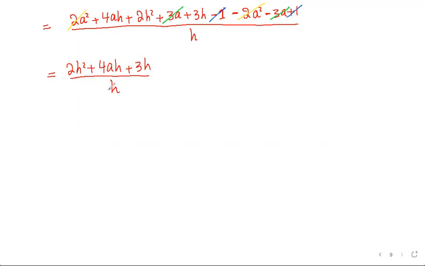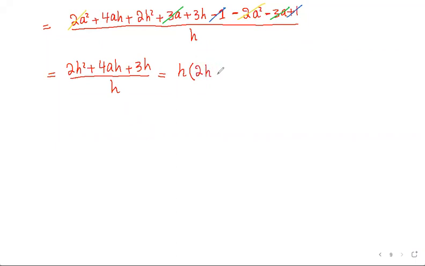Who will tell me how I can simplify this? Just divide everything by h. Or I can take the greatest common factor of the numerator, which is h.